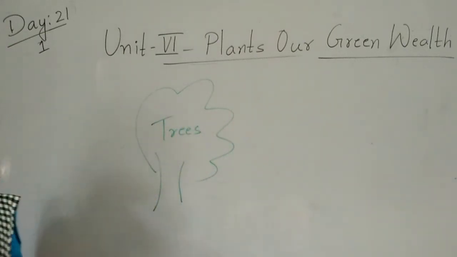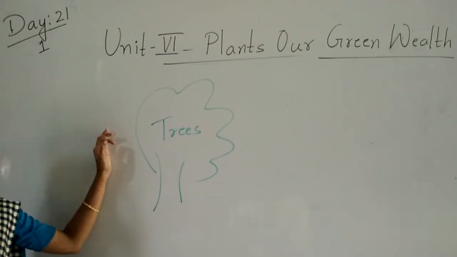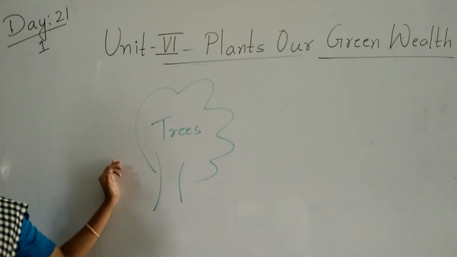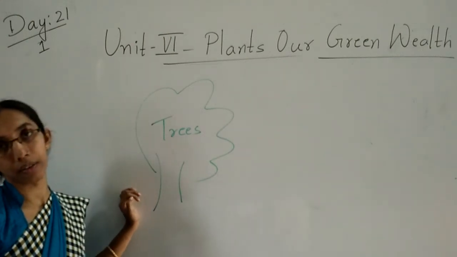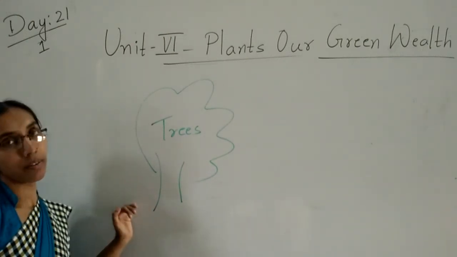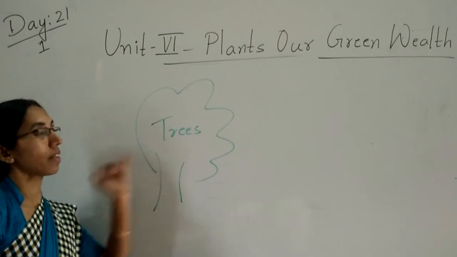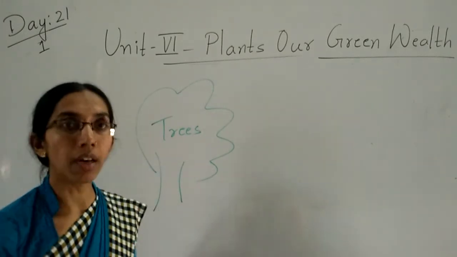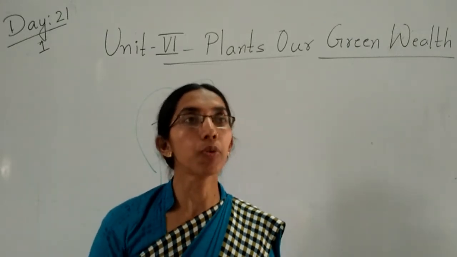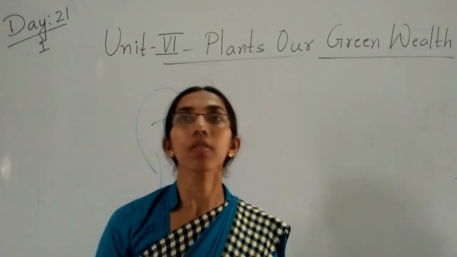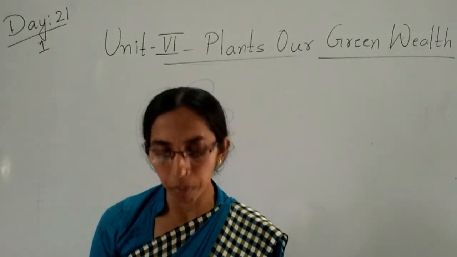Some trees are very tall and have a very strong trunk. If a plant is very tall, it is considered a tree. Some plants are very small, like a rose, bush, grass. These come in the very small plants.